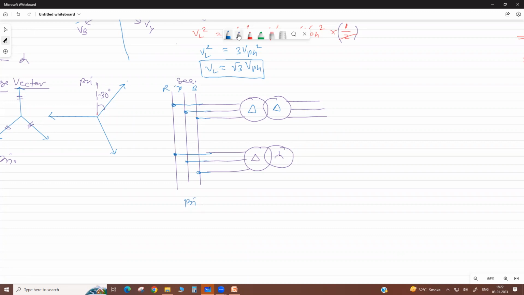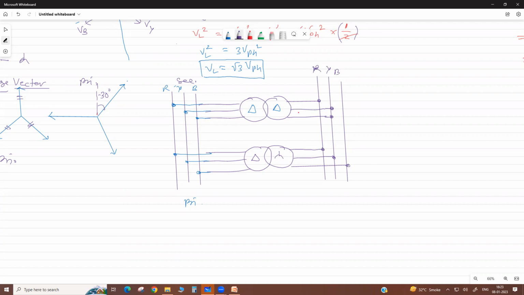Now on the secondary side, here is also R, Y, B.